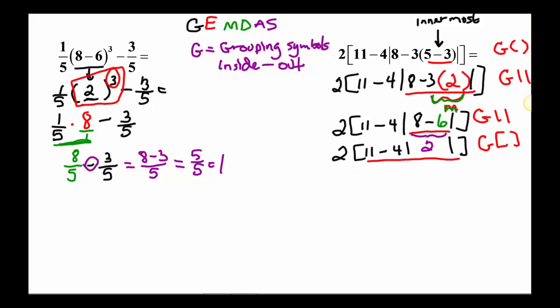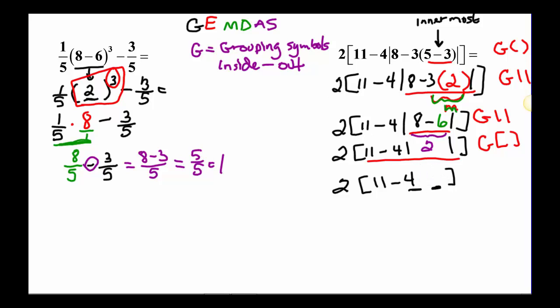So we have, writing our problem, 2, bracket, 11 minus 4, absolute value of 2, bracket. Just to make it look simpler, we should do this part right here first. And remember the absolute value of 2, what is the absolute value of 2?